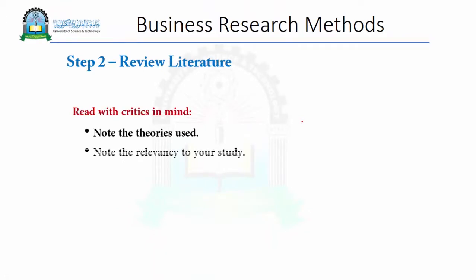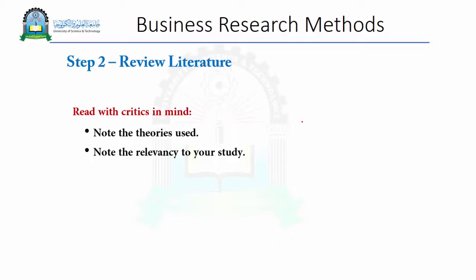The second step, as we said, is review the literature. When we say review the literature, as I said, it doesn't mean the writing up. The writing up is the last step. So this step is reading with the critiques in mind. Read all the previous related work.